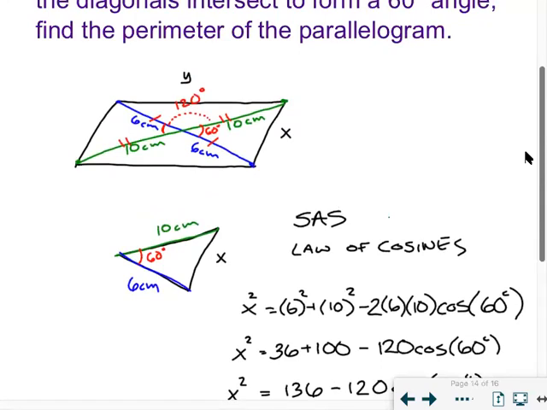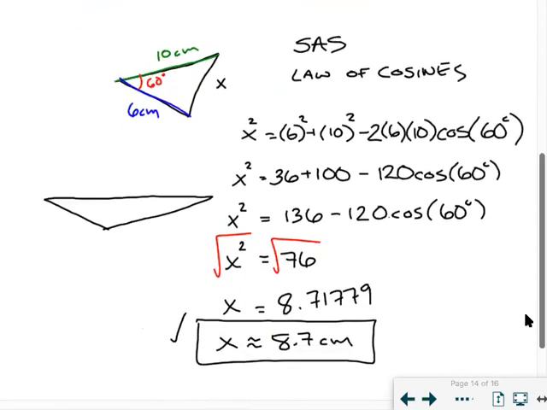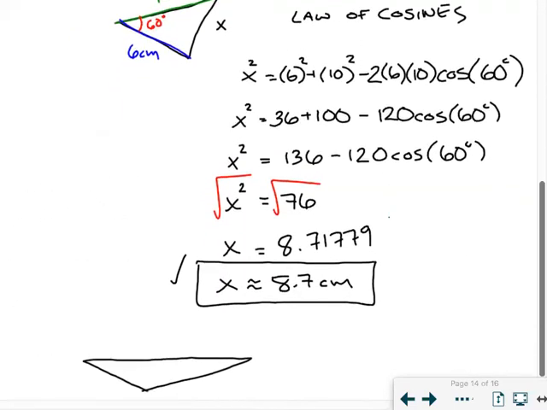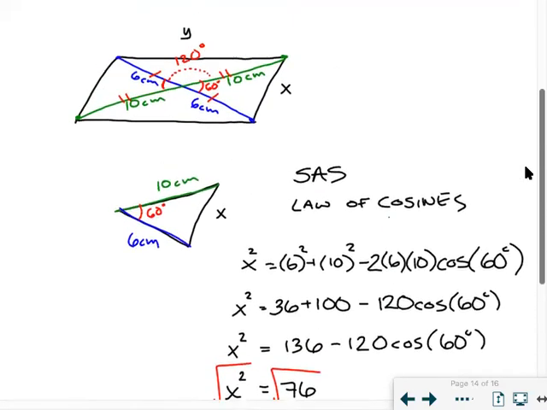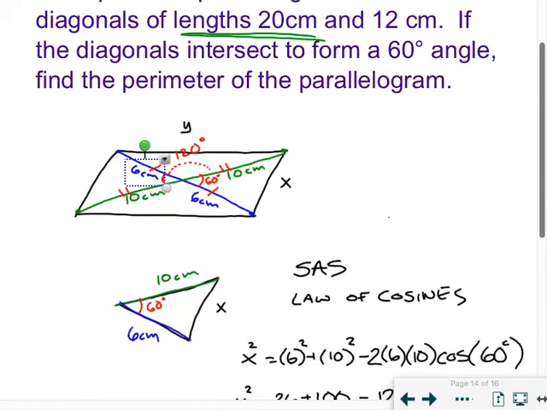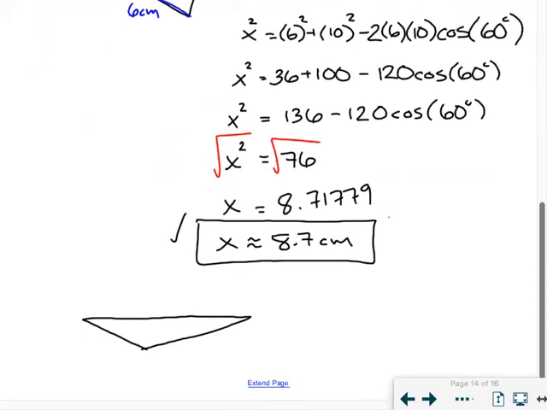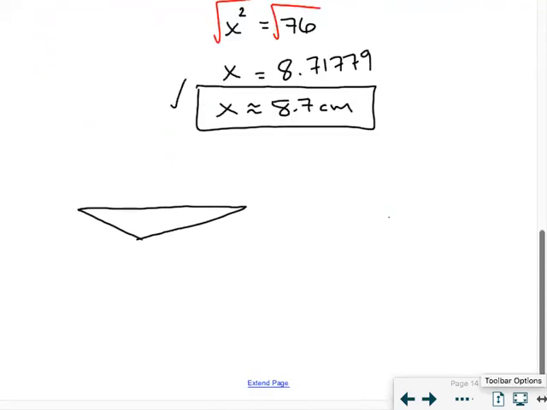I'm going to go back up to my original diagram, and now I'm going to work with the obtuse angle we have. I'm going to sketch this part of the diagram for us to work with, and start labeling my side length. Remember, from this triangle we have a 6 centimeter side, a 10 centimeter side, and a 120 degree angle.